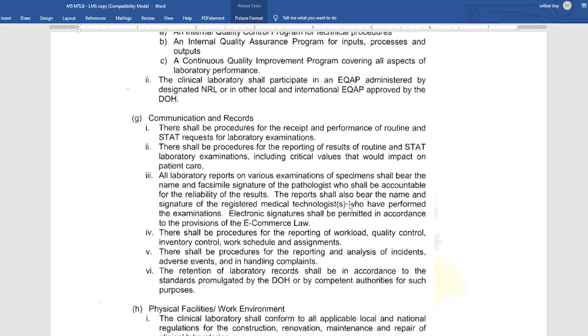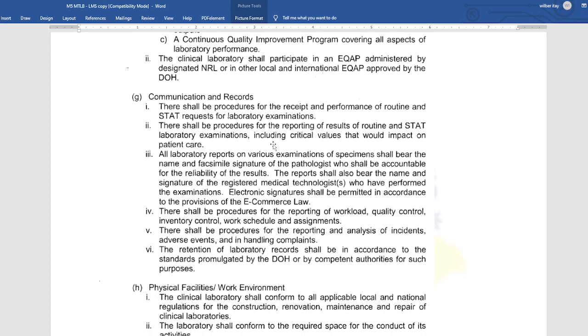Okay? So, communication and records. Procedures for the receipt and performance of routine stat request. Aside from that, dapat meron din how they should report routine from stat lab exam, including mga critical values or yung mga reference range.